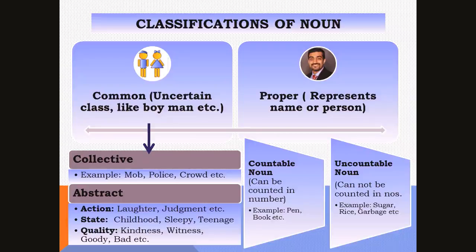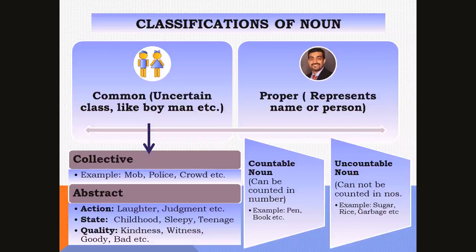Those are the countable nouns. And uncountable nouns, practically we can't count in numbers. We have to measure. Whenever you are taking some rice, sugar, garbage, you have to measure 1 kg of the sugar. It's a sugar weight representing, but you don't know how many cubes are there in the sugar. So these all are uncountable nouns.